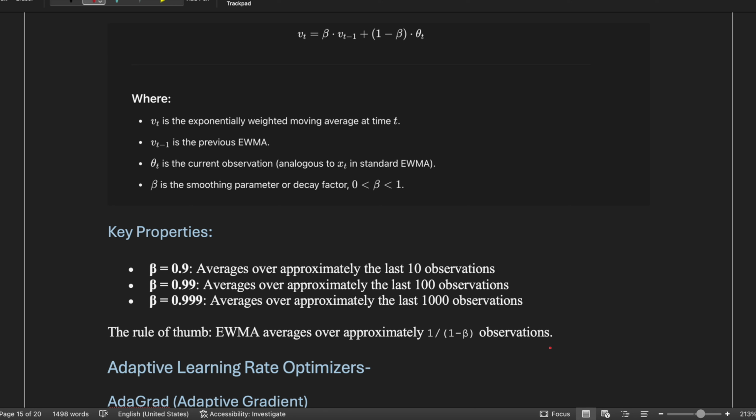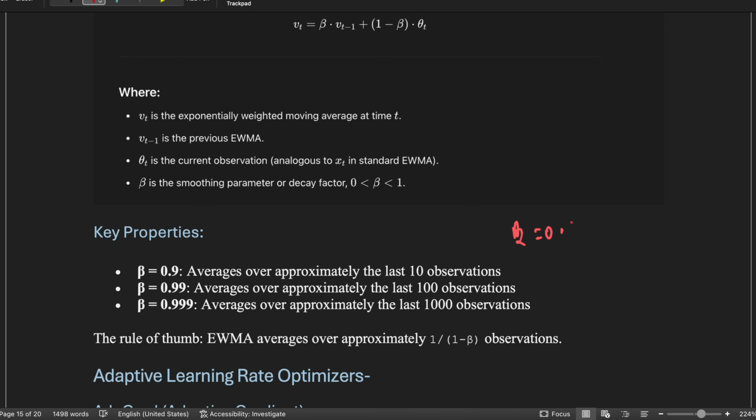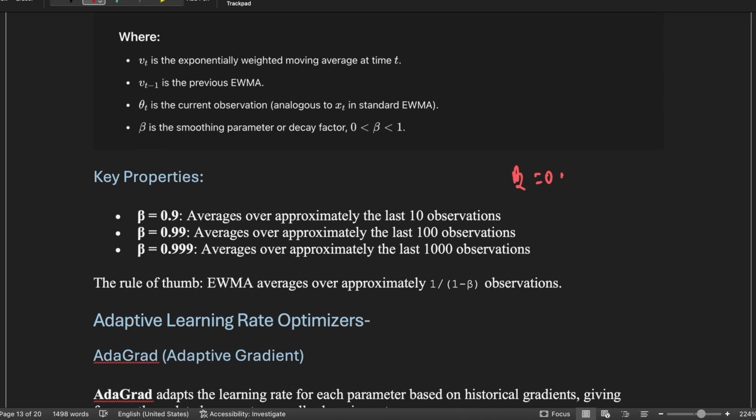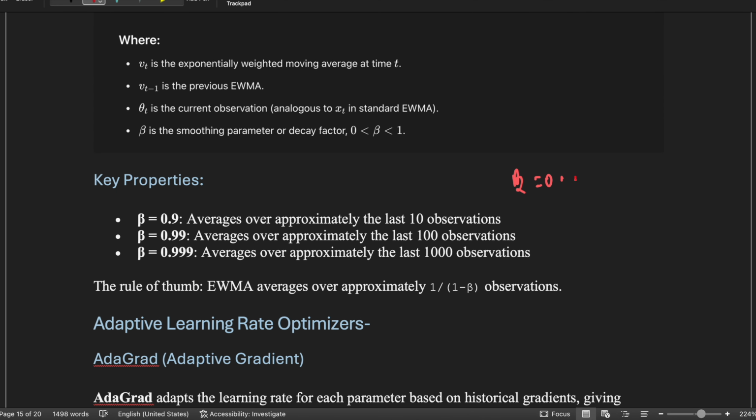So let's write it: if you are taking beta as 0.9, then 1 upon 1 minus 0.9 is 1 upon 0.1, which is 10. So this formula tells us it is the average over the last 10 observations.